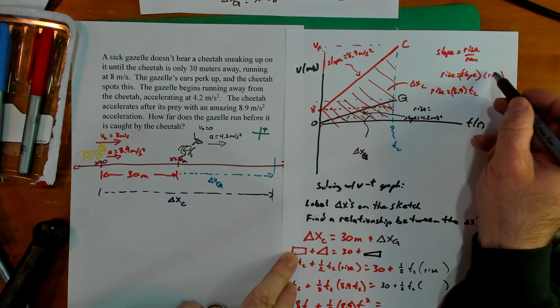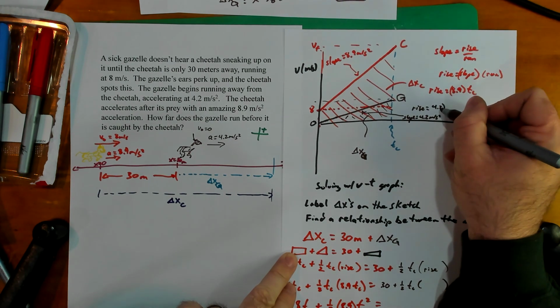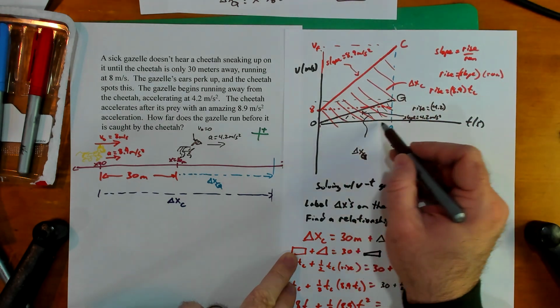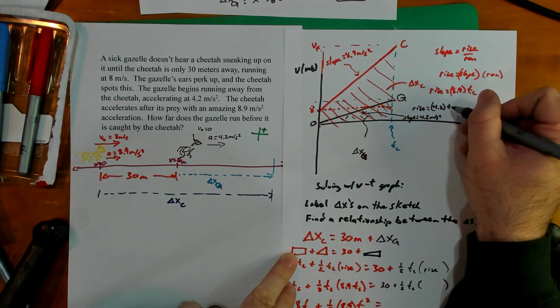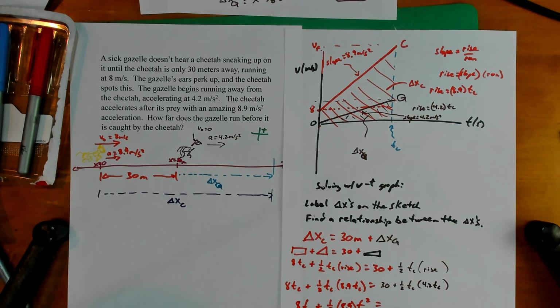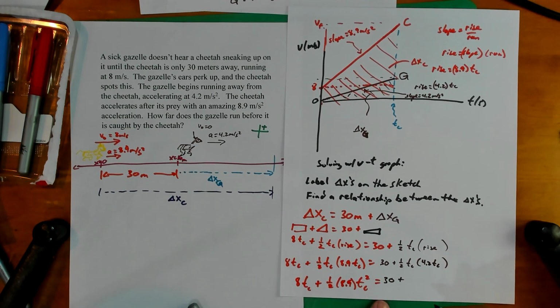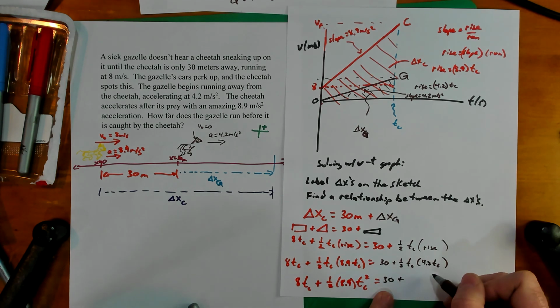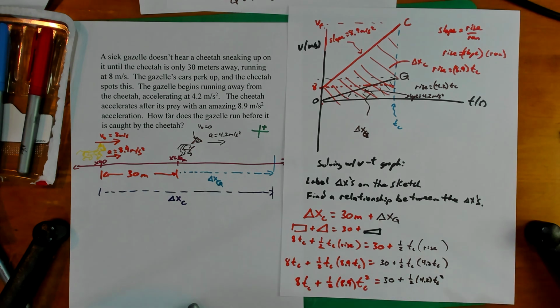So rise is slope times run, so it's going to be that 4.2, and the run for the gazelle is also TC. So I can put 4.2 TC in there for the rise. So that's going to make this 30 plus 1/2 4.2 TC squared. Okay, and this is giving me an equation now where there's only one variable. That variable is TC. That'll be the time it took to get to the point where they meet. Right?